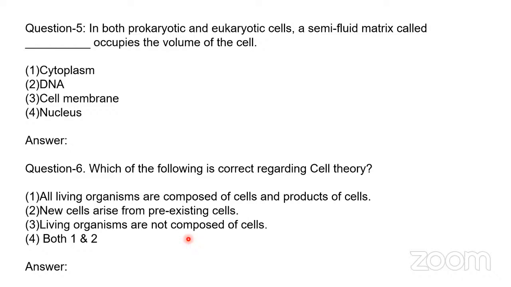We know that the cell theory states that all living organisms are composed of cells and products of cells. So option 3 is incorrect. And the second postulate states that new cells arise from pre-existing cells, that is omnis cellula e cellula. So the correct answer should be option number 4, both 1 and 2.